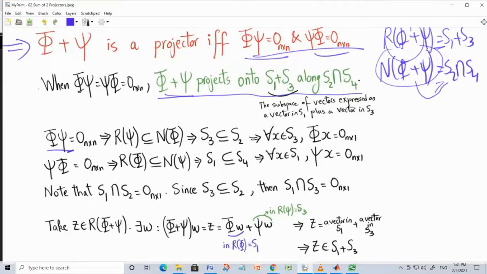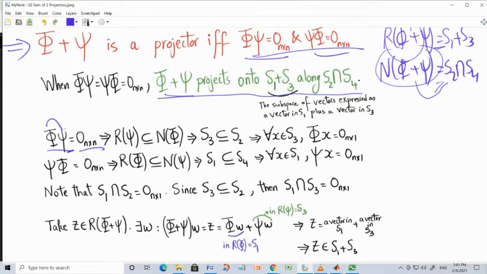So it is a projector, and so phi psi is the all zero matrix, and psi phi is the all zero matrix. Let's try to think about these expressions. What do they really mean in terms of the relations between the subspaces S1, S2, S3, and S4?